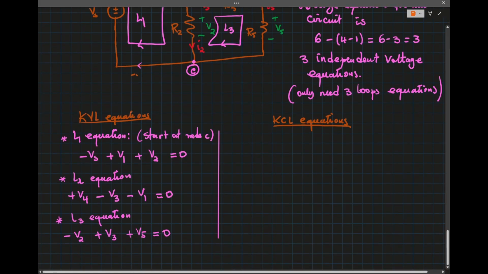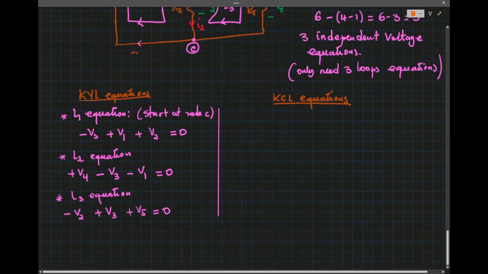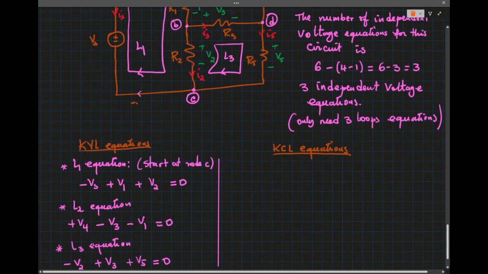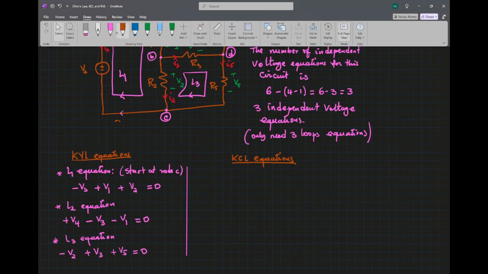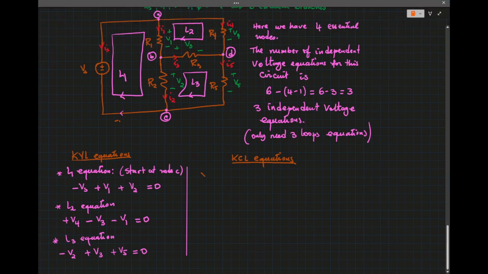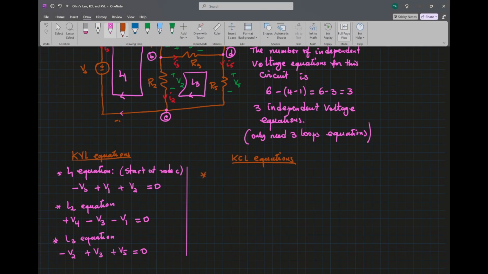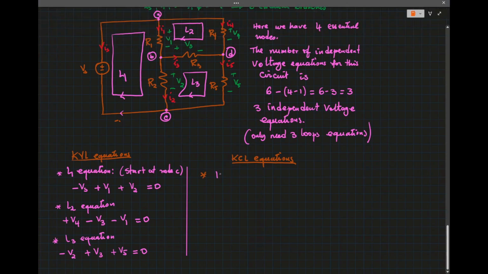So we have the KVL equations. Now let's write the KCL equations. What are the essential nodes? We have node A first. So KCL at node A.